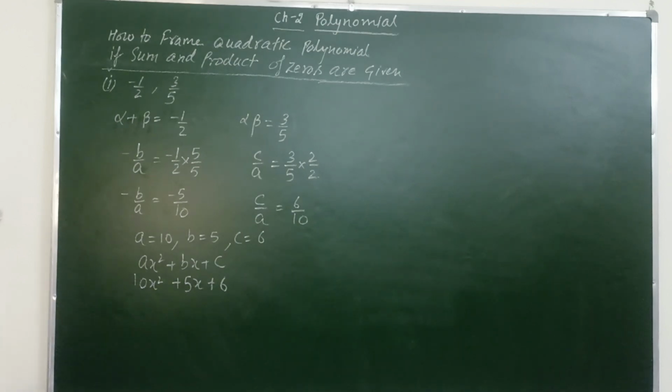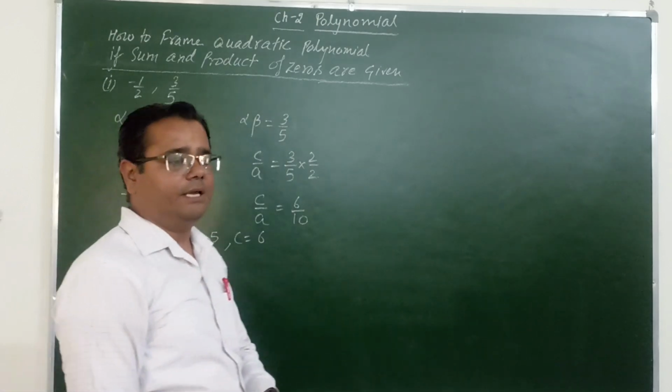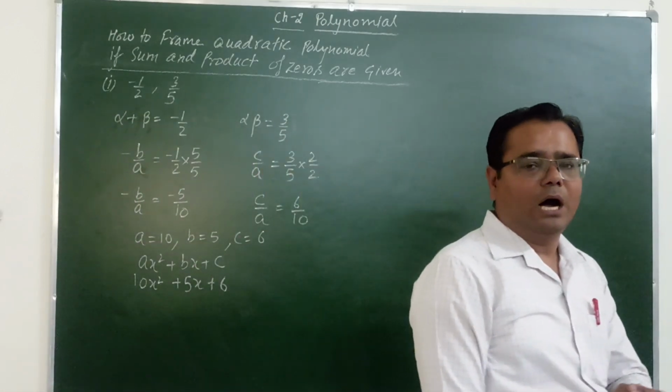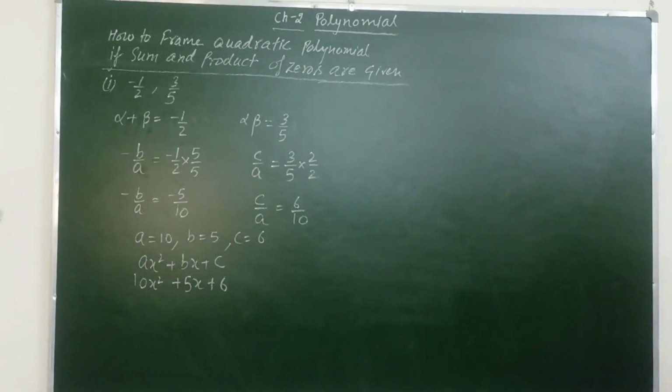So in this way we can frame the quadratic polynomial if zeros are given, if sum of zeros and product of zeros are given, and how to find zeros from the graphical representation, all these we have done in this video.